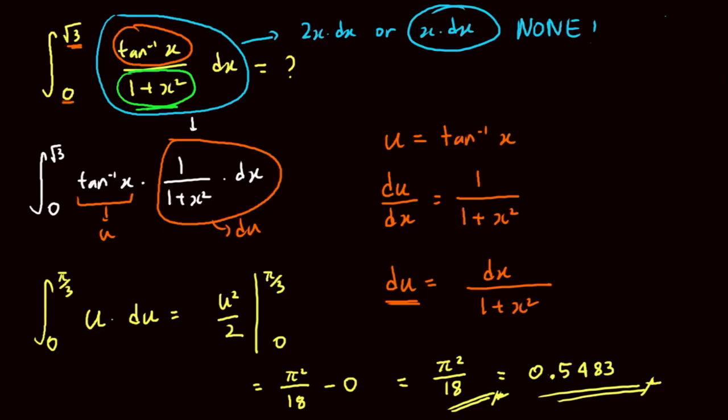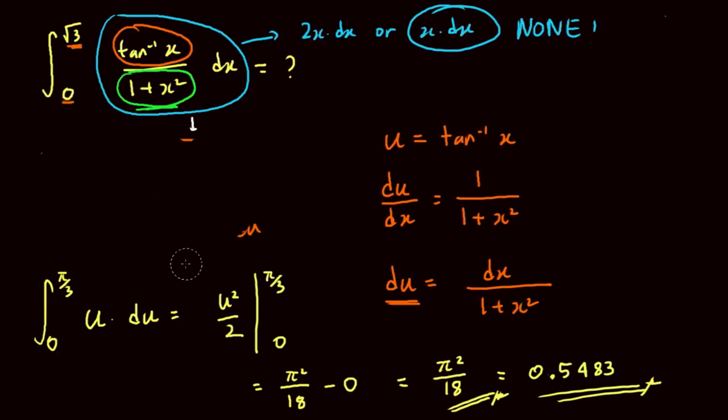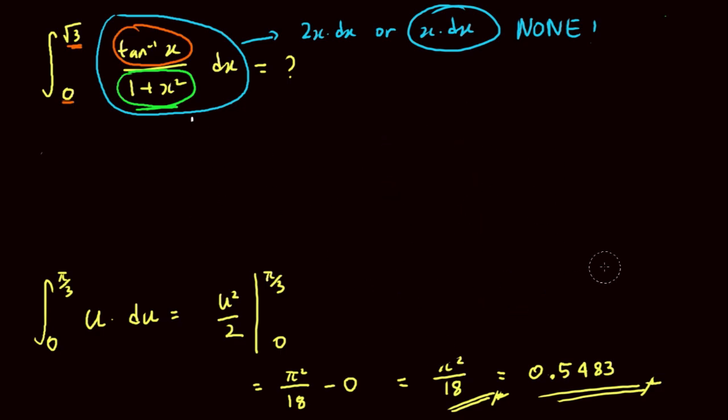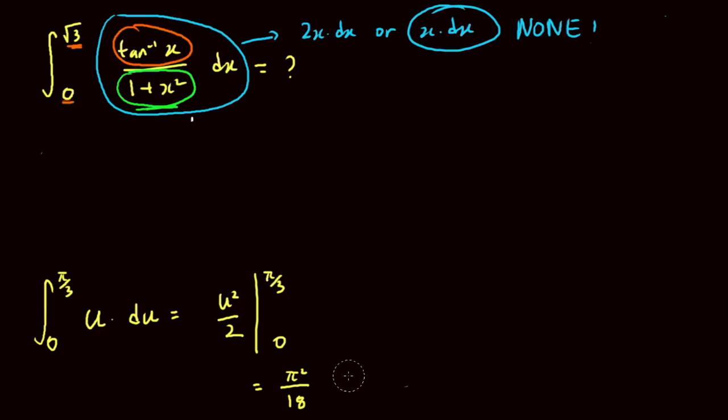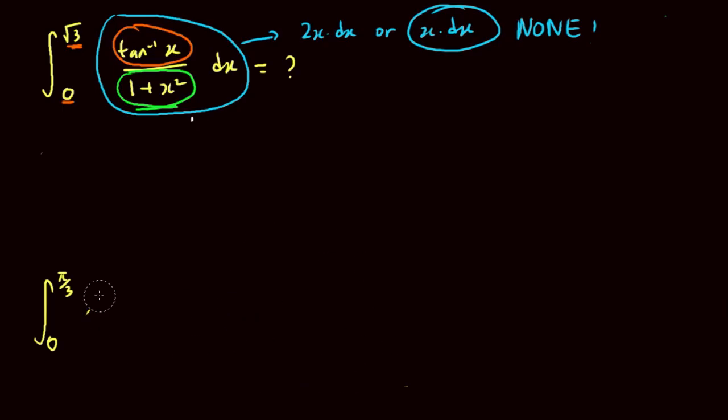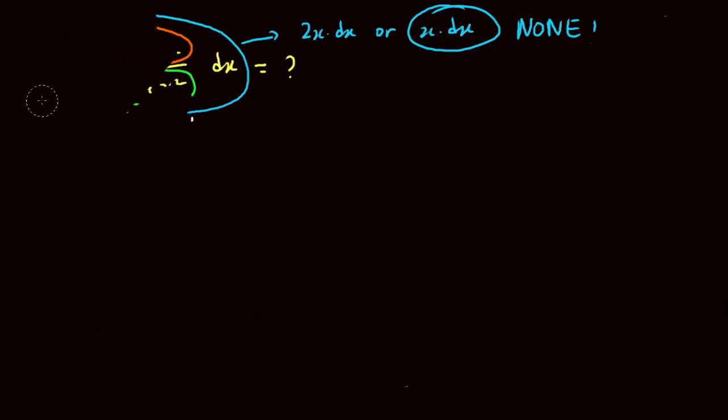And I think we can conclude with one last question of the day before we finish this video. Let me just erase this real quick. So we have the last integral of the day, and the integral is a definite one.